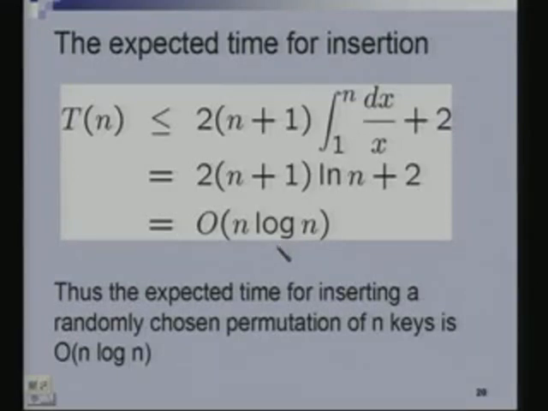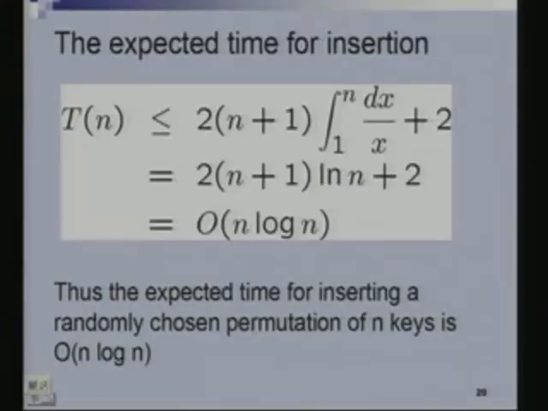So the expected time for inserting the n keys. What have we done? We have actually done a very sophisticated computation here, and you have also understood it, right? Isn't that surprising? We looked at all the n factorial different permutations possible. We computed the total time taken to insert all those n factorial permutations, and we took the average.